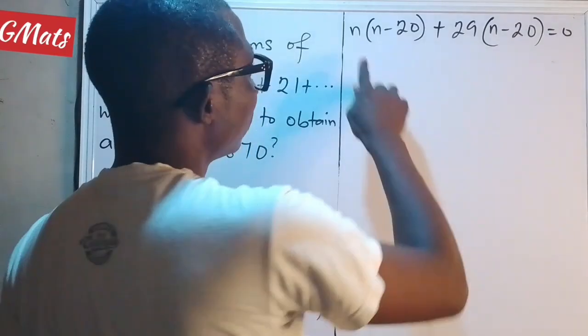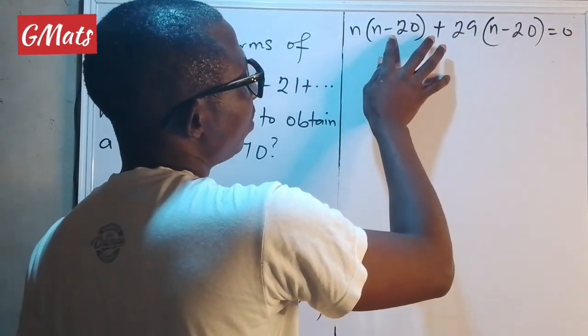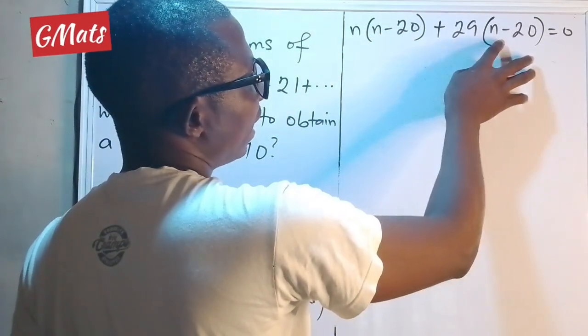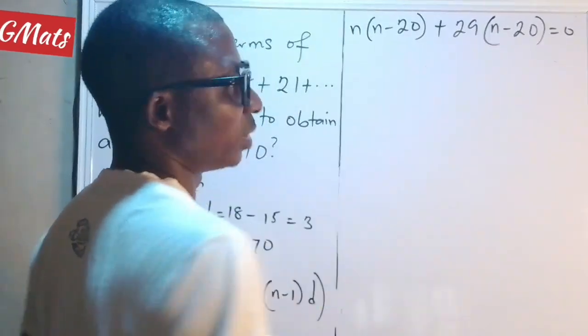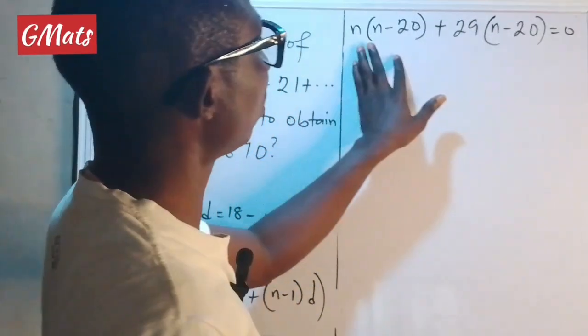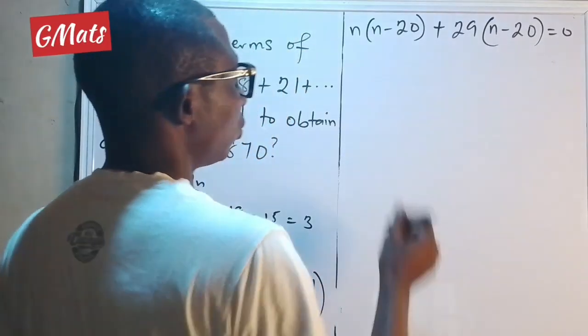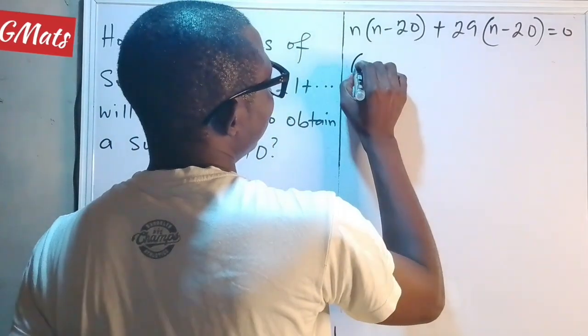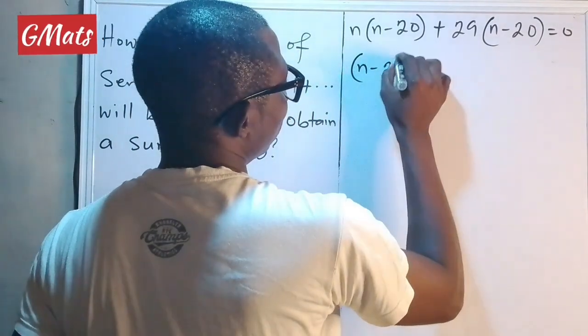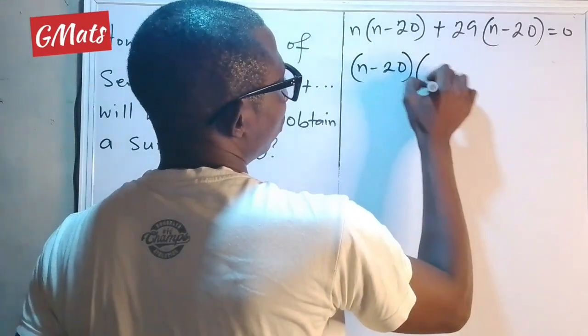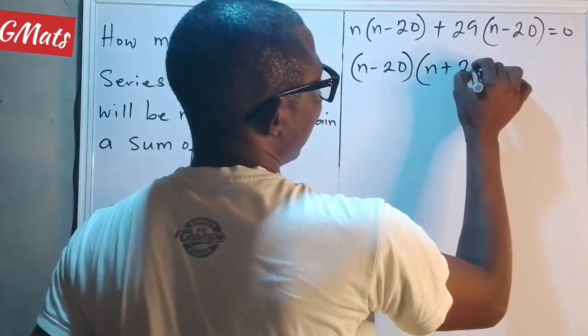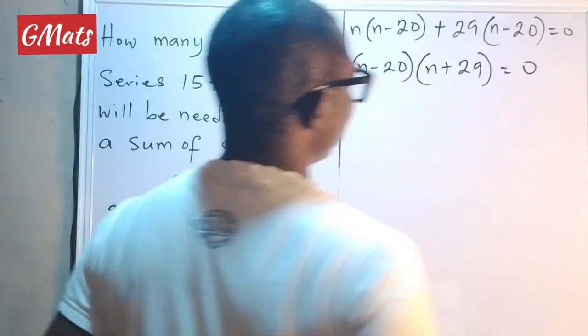We have n times n minus 20 plus 29 times n minus 20 equals 0. So from here you can factor out n minus 20. So you are left with n plus 29 equals 0.